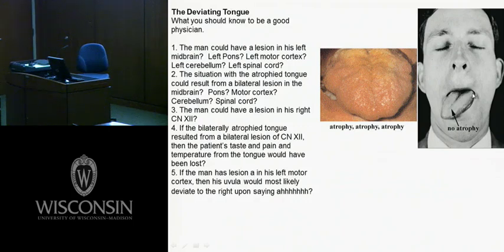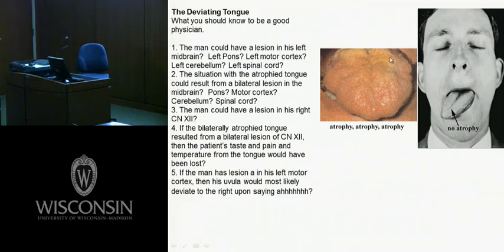So in this particular case, if there's no atrophy and the tongue is going to the right, he has to have a lesion probably up here in his left motor cortex that gets those left cortical bulbars. Now, you could get those cortical bulbars going to his right hypoglossal, way up here in cortex, way down in the midbrain, way down in the pons, anywhere in the medulla rostral to the hypoglossal nucleus on the left.